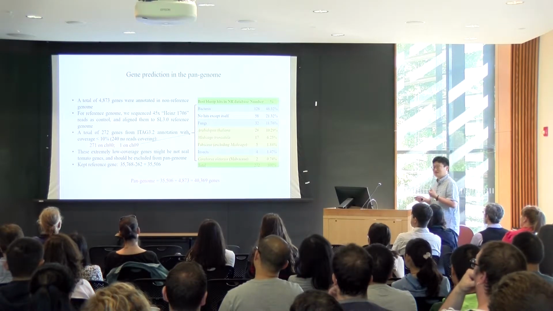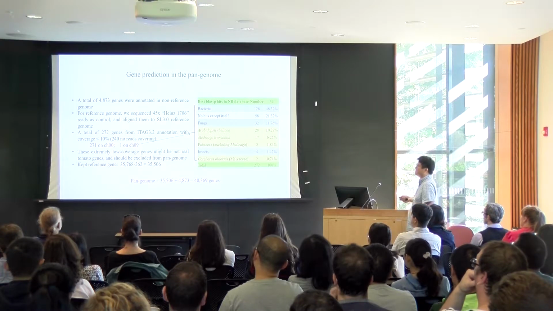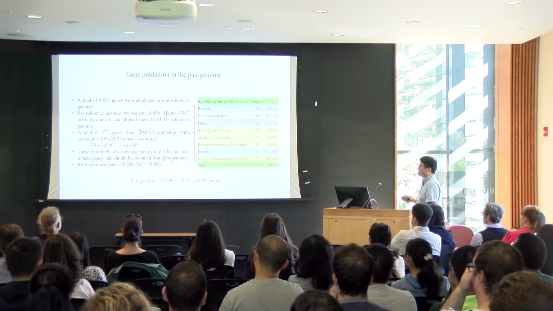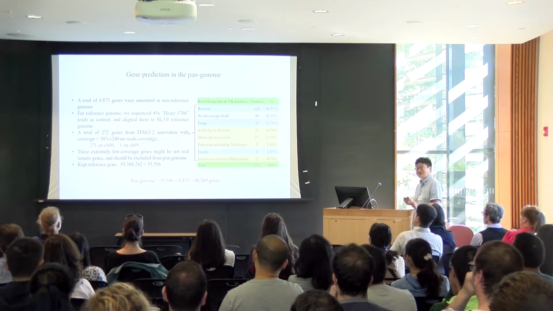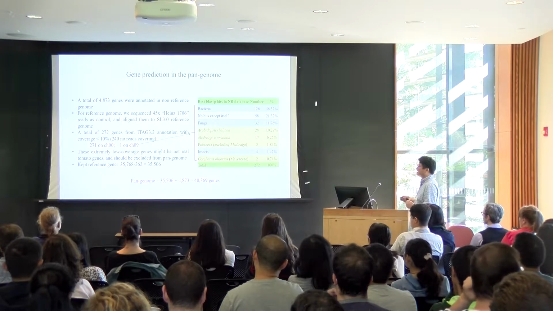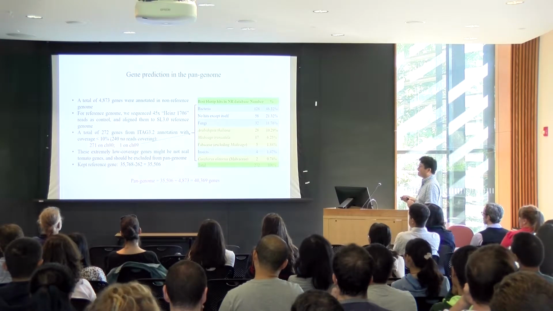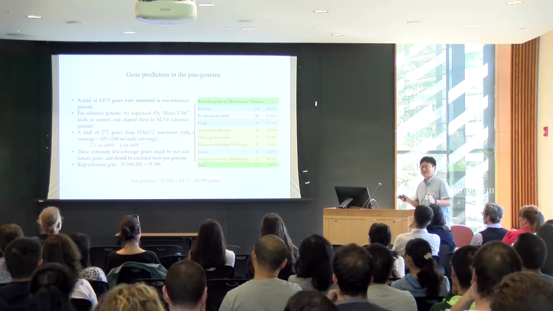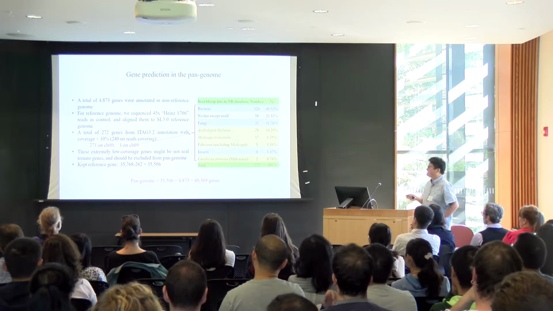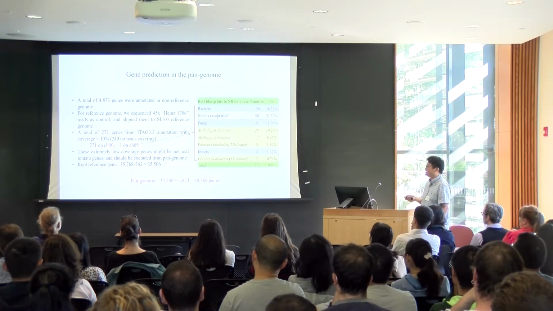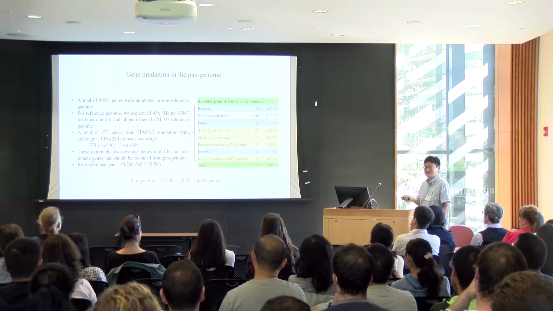Surprisingly, we found that a total of 272 genes from this annotation had very low coverage. The gene was not covered, and for 240 of them, there was no read coverage at all. Then we checked these genes. We found almost all of them are on chromosome 0.